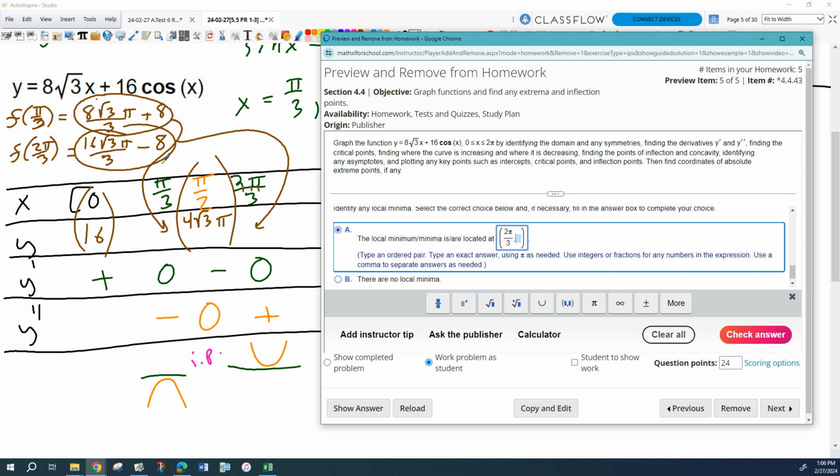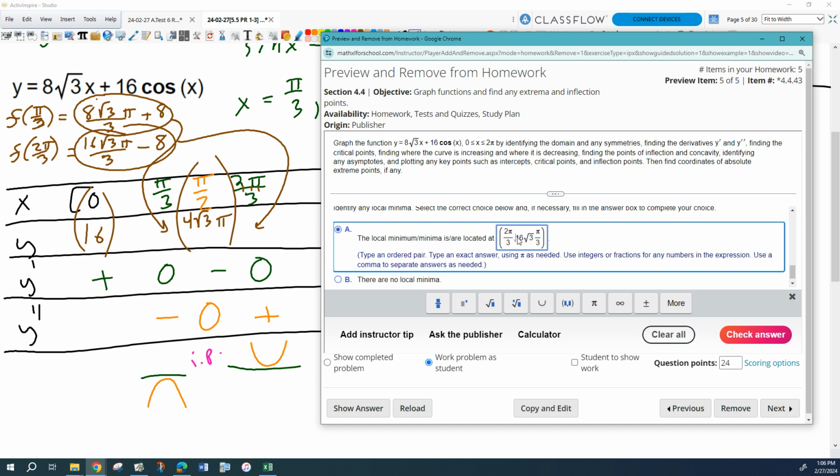So 16 square root of 3 pi outside of the radical divided by 3. Oh, we can leave it like that.